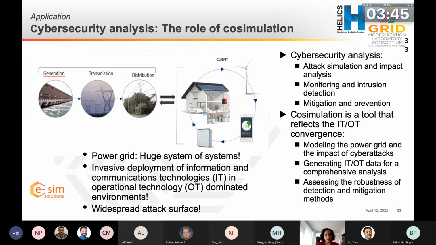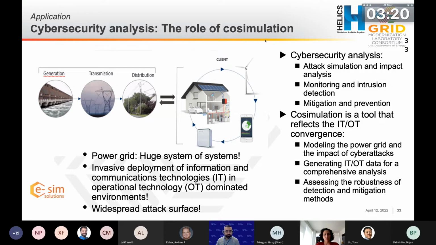It was the best experimental environment to model cyber attacks and analyze their impacts, to generate data coming from IT and OT sources, and also to assess the robustness of whatever we develop in terms of detection and mitigation. I'll leave it to my colleague to talk more about the co-simulation platform.